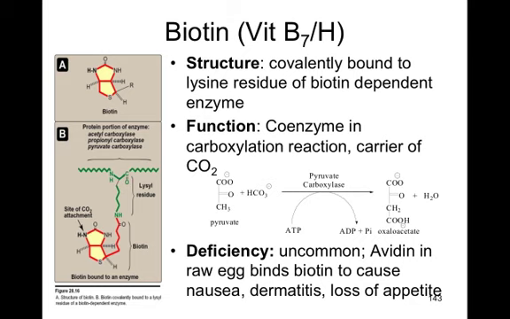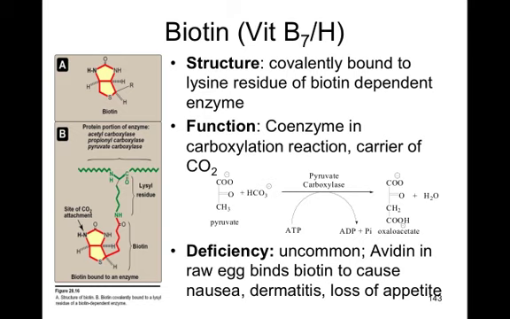Deficiency of biotin is uncommon, as a large portion of biotin actually is synthesized by our gut bacteria, our intestinal bacteria. Intestinal bacteria are also known to synthesize some other vitamins like thiamine, riboflavin, and niacin.